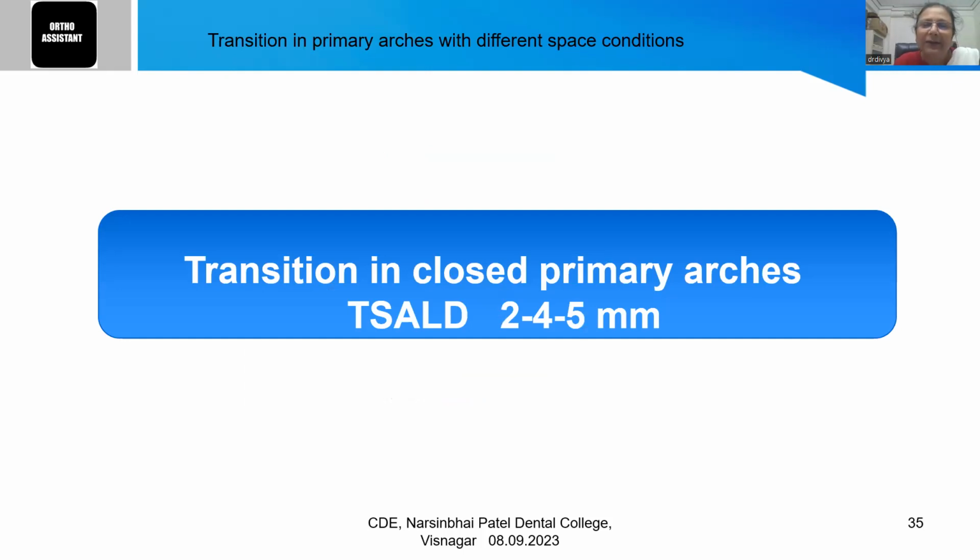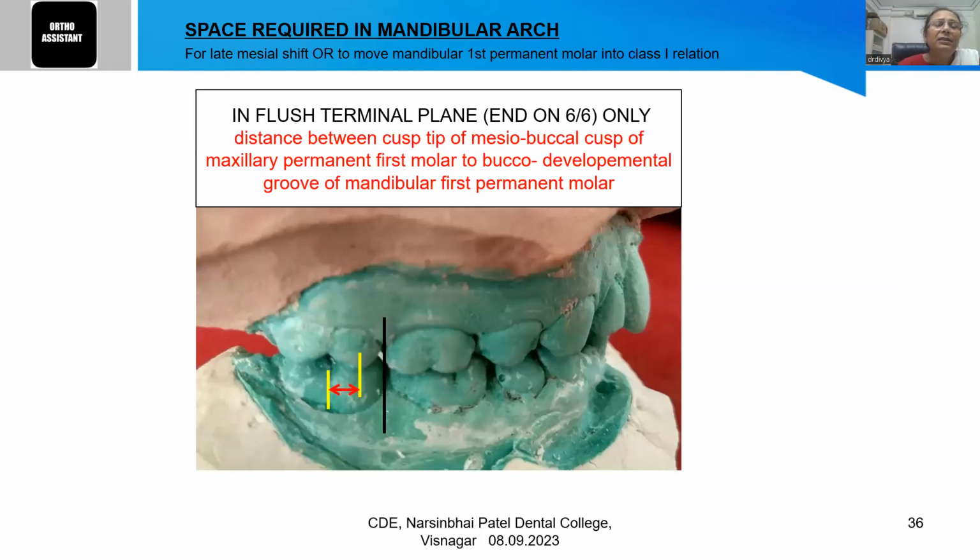In more than 90% of these cases I have observed a borderline or flush terminal plane in the E, end on. So there will be a space loss from the posterior also for the class 1 correction, and from the anterior there will be juggling if any crowding is there in the incisors.